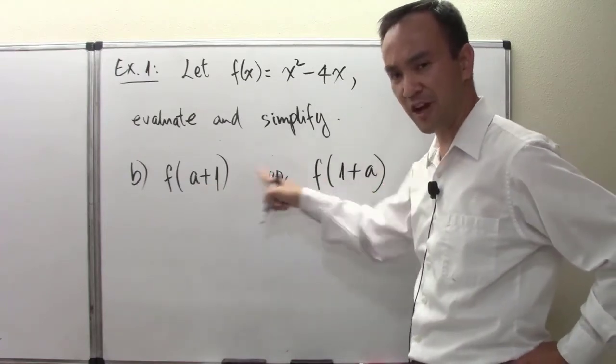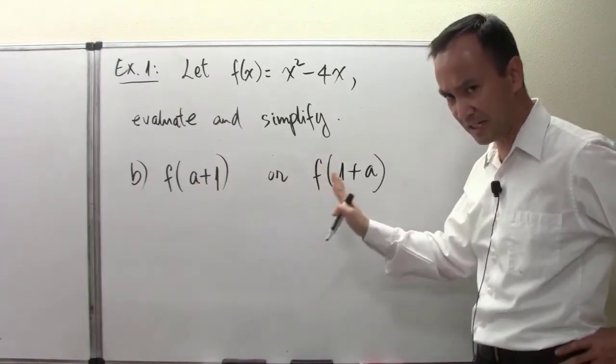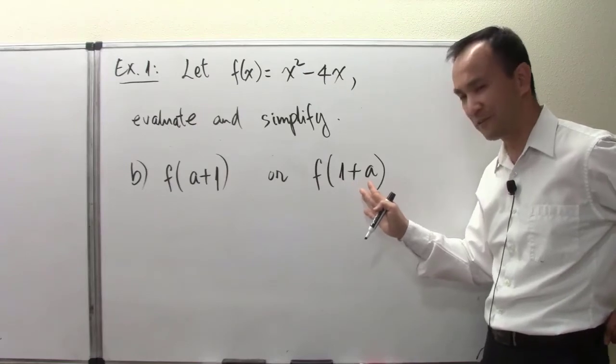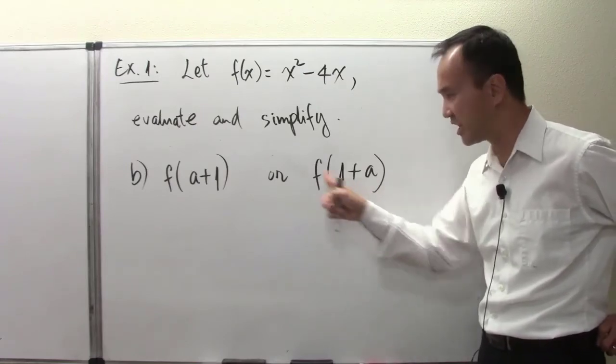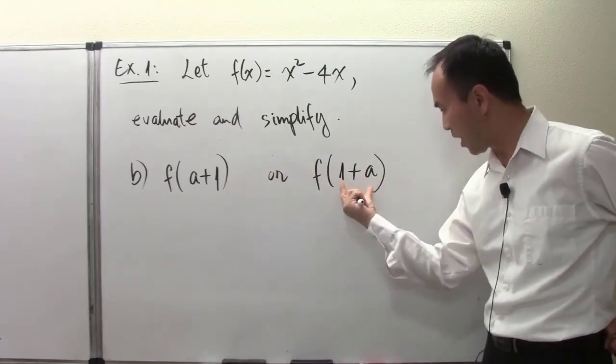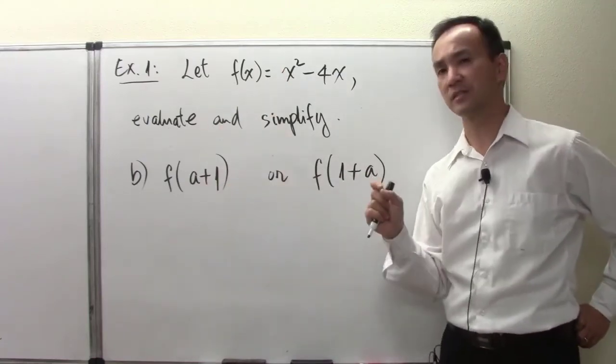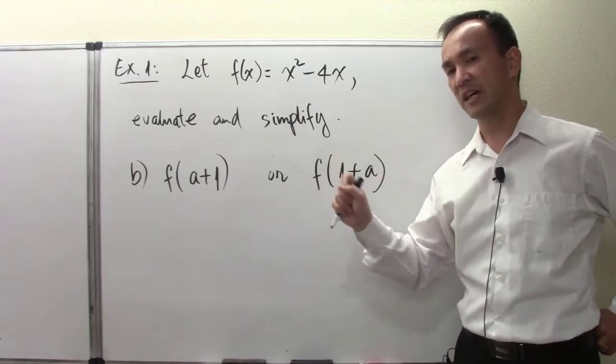Watch out for that convention. These are all the same, but quite often later on in your future courses you will see this expression instead of that. But in the end, they are 1 plus a or a plus 1. It's the exact same expression, just the commutative property of addition.